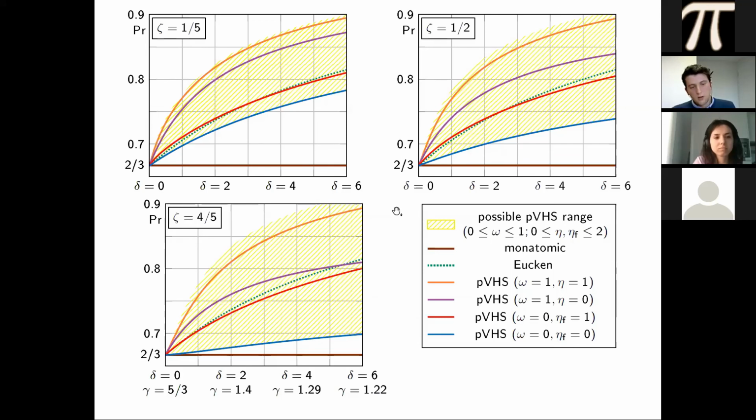And this yellow area represents all possible values where your curve can be.